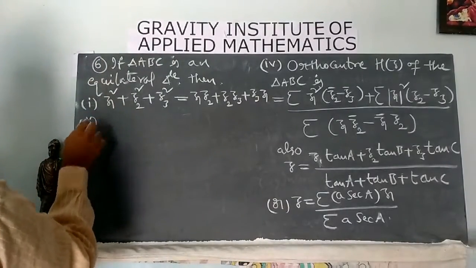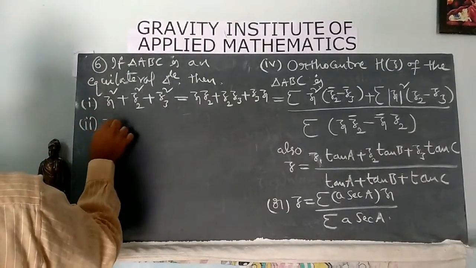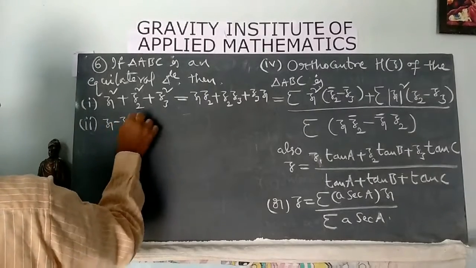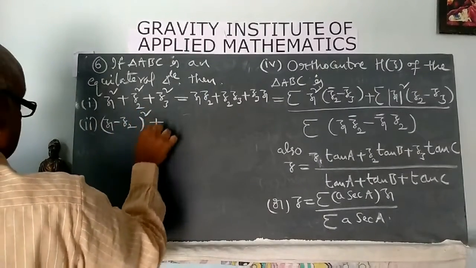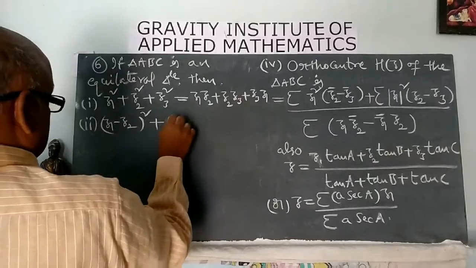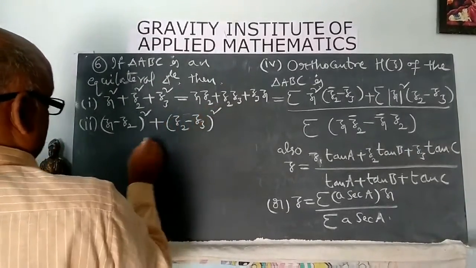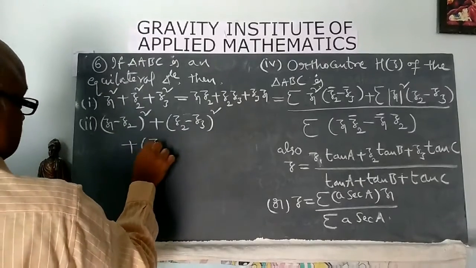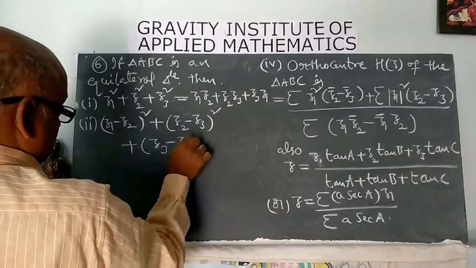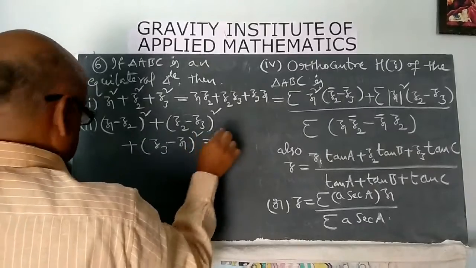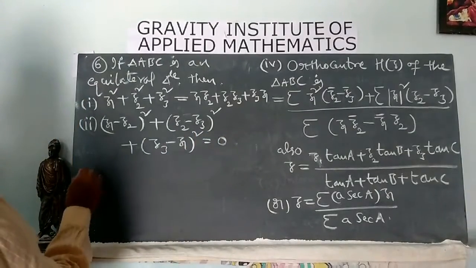Second subpoint, Z1 minus Z2 whole square plus Z2 minus Z3 whole square plus Z3 minus Z1 whole square is equal to 0.